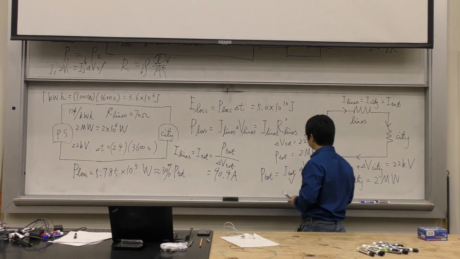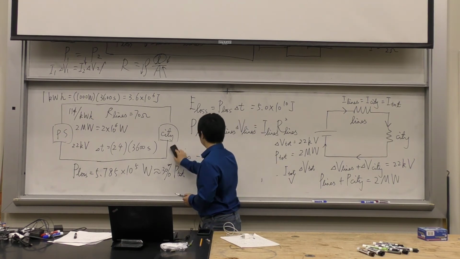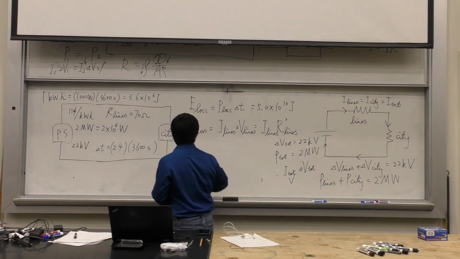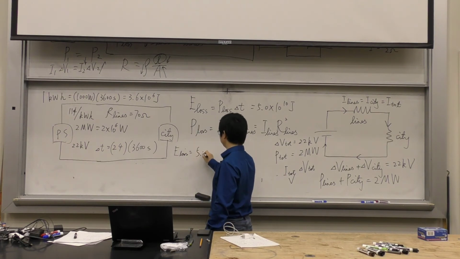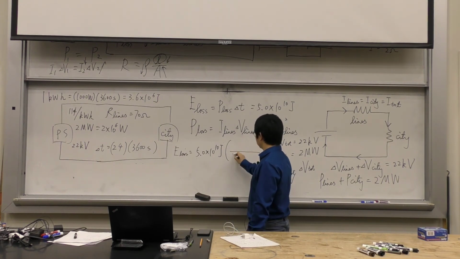So let's see. I'm going to do it here. You're going to convert the energy loss to kilowatt hours, right? So you remember how to convert units? We have done that many times, right? You're just going to put 3.6 times 10 to the 6 joules here, 1 kilowatt hour here, right?